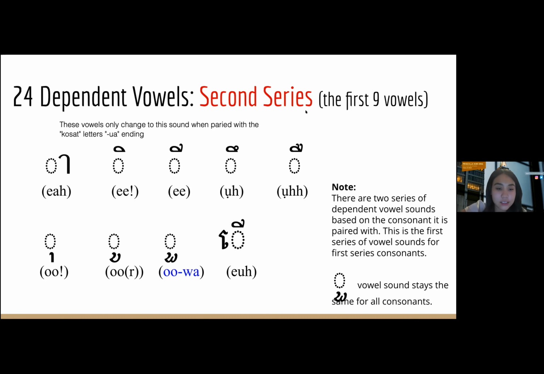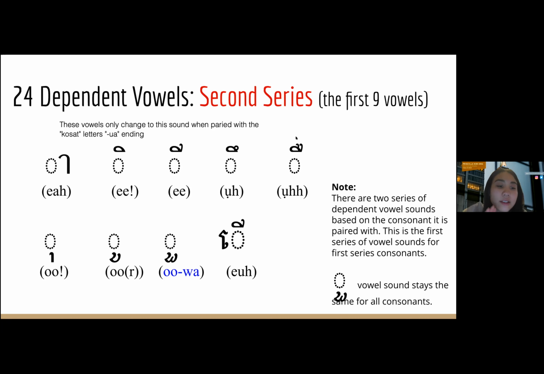I just wanted to add something because I made this slide. I wanted to make it clearer that the phonetics you see here are just what the new sound is when it changes, when it's paired with the kosat letters with the ending. But you would not say gua sra ia kia. This is still the first sra, so gua sra kia. I want to make sure you're not mixing it up and thinking that this is sra ia or sra e or anything.